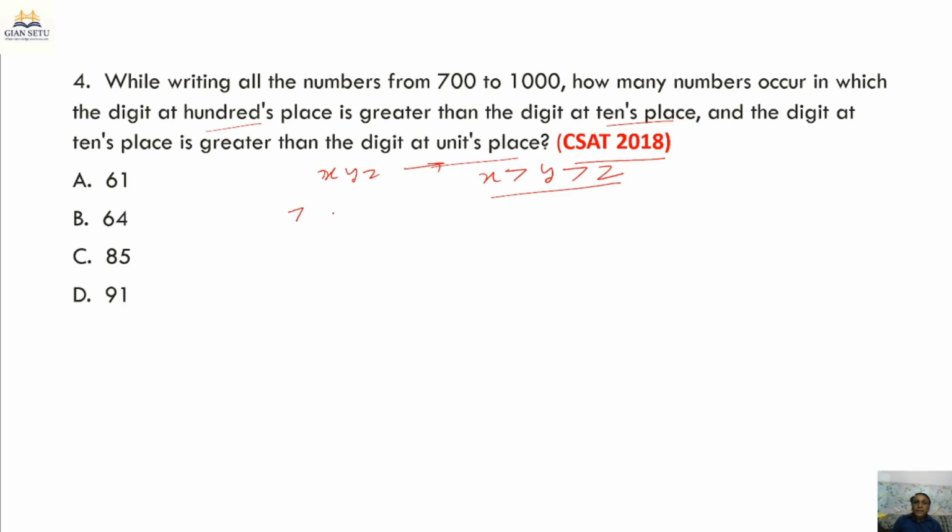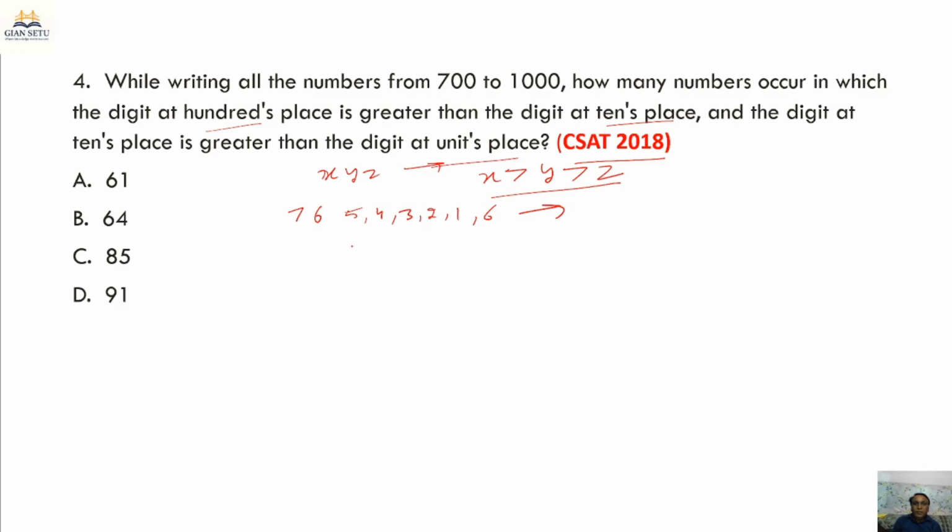Now the digit at tens place can be 6, and the digit at units place can be one of these: 5, 4, 3, 2, 1, 0.